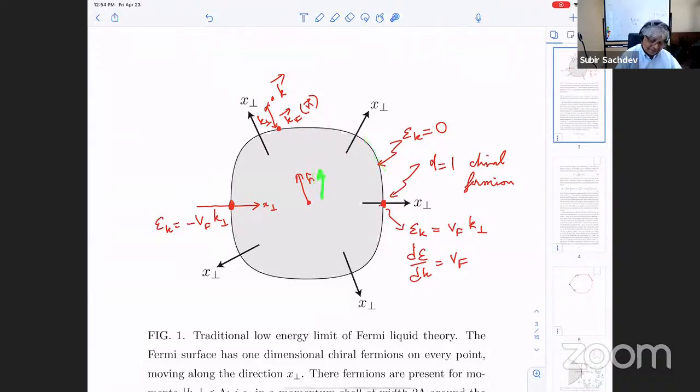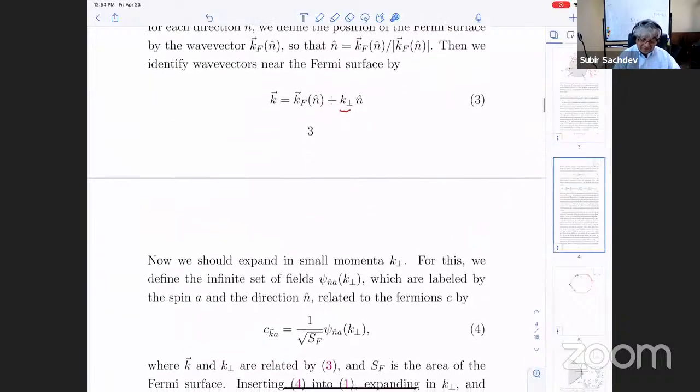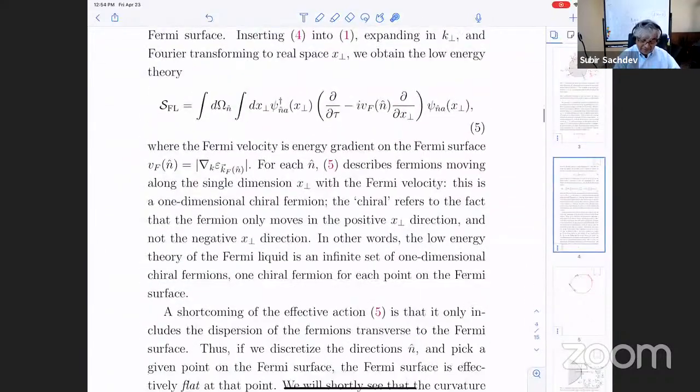And so for any given direction of Q, there will in fact be 2 points in the Fermi surface where I'm tangent to it. And that's the part that gives you this non-analytic term. You can go back and look at the full computation and see that's exactly what happens.